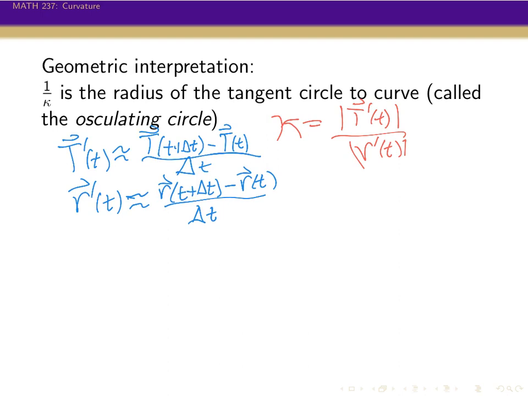So let's say we have some curve, and this is where we are at t, and then if we move over delta t further, that's where we are on the curve.